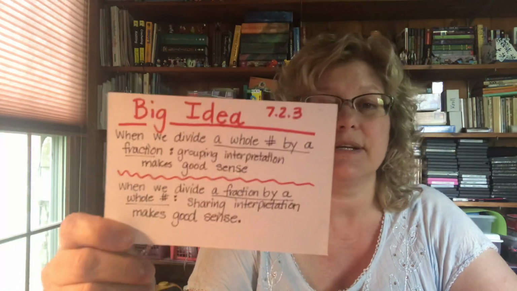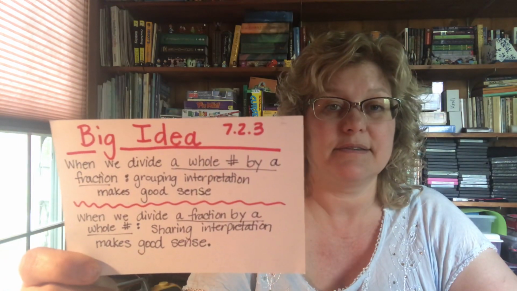It is something that we've been studying for months, believe it or not. I probably have to look at my card when I'm reading it. So our big idea: when we divide a whole number by a fraction, the grouping interpretation makes good sense. And when we divide a fraction by a whole number, the sharing interpretation makes good sense.